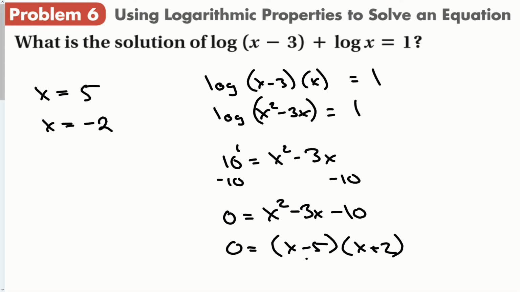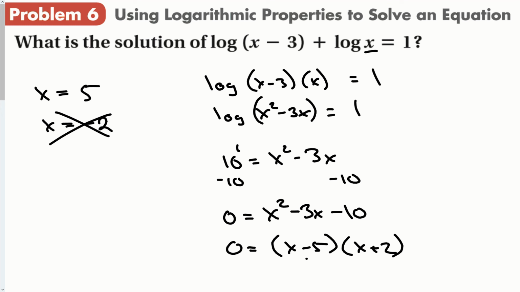However, when you have a situation like this, in fact, in all these that have more than one variable, you should be double checking your answers, because hopefully you remember that we are not allowed to take the logarithm of a negative number. So that means that one is out, okay?